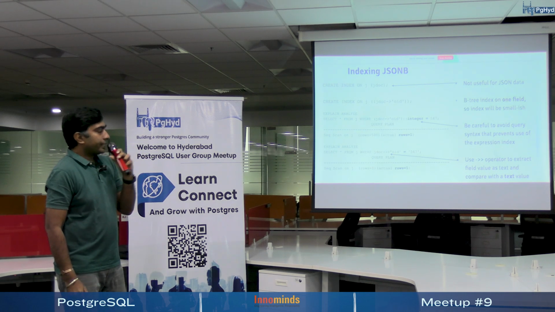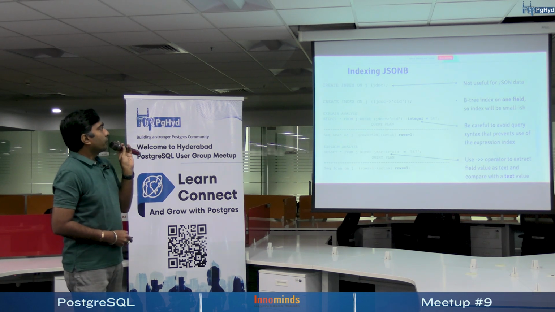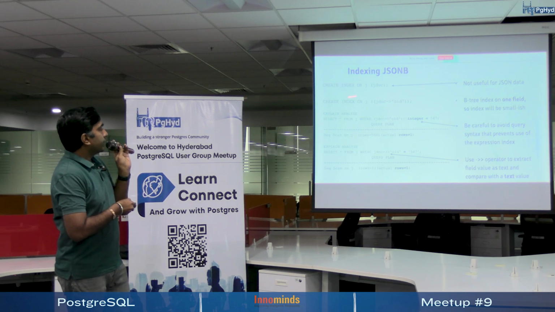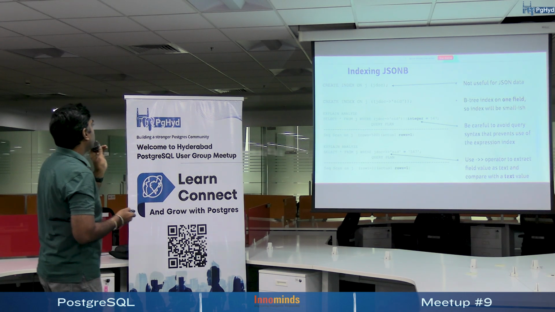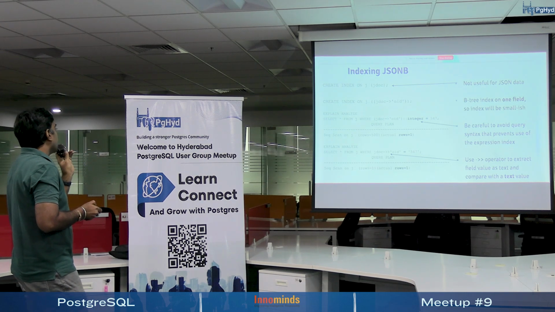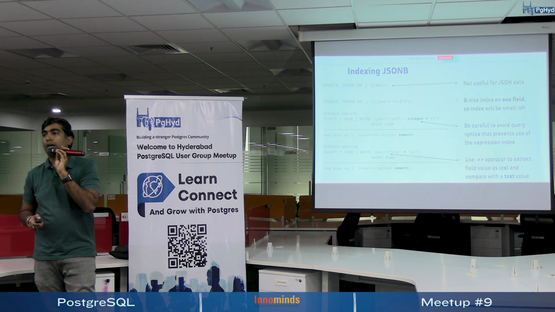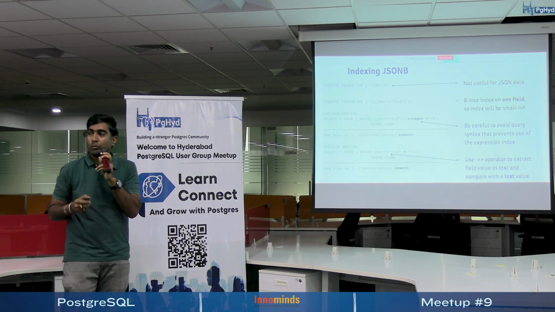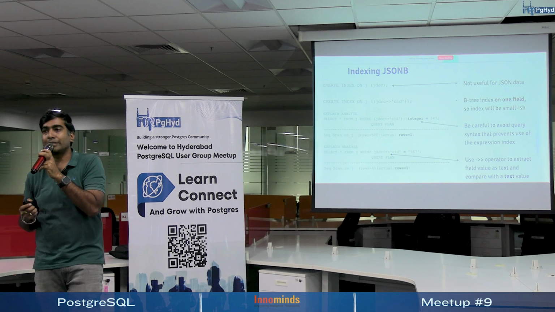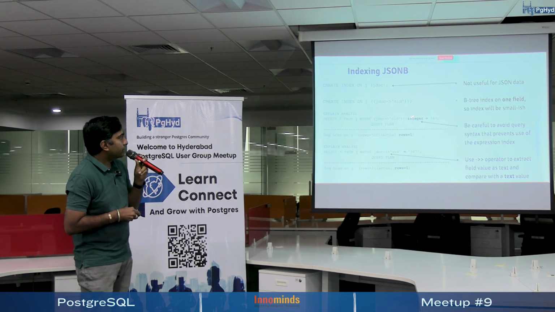And coming to the indexing part for the JSONB type, if you create an index on a column of JSONB type without specifying any path, one complication I can call out is that your index will consume more memory, I mean the index size is going to increase.